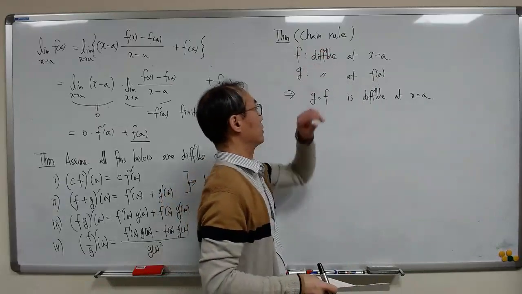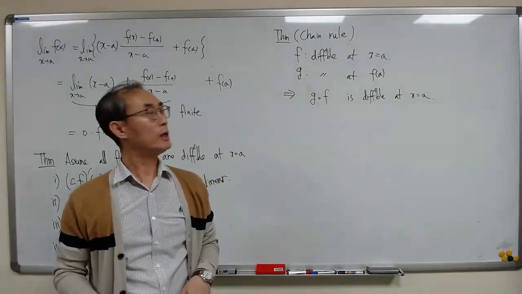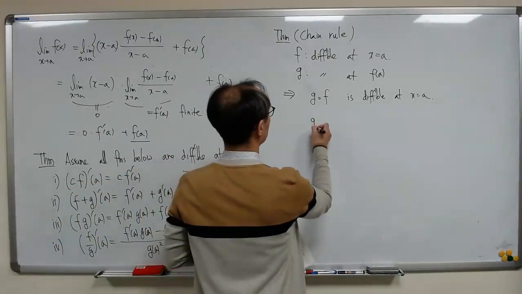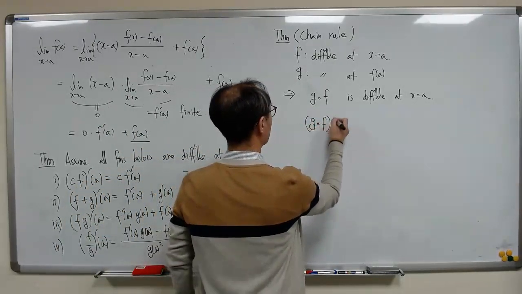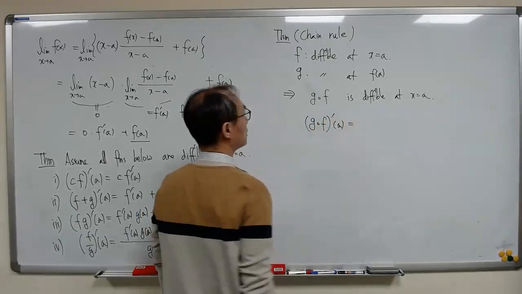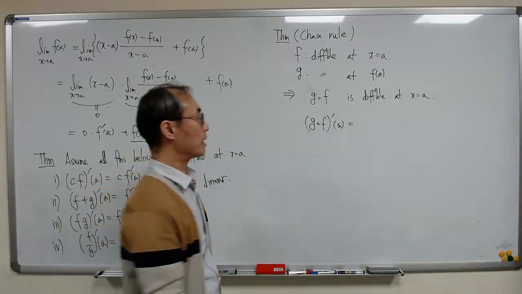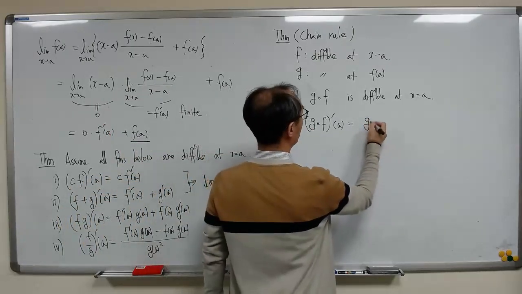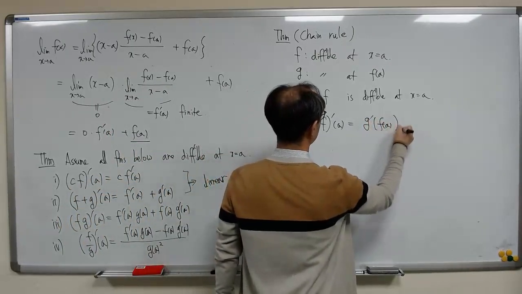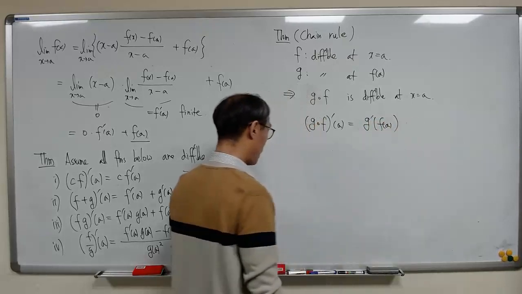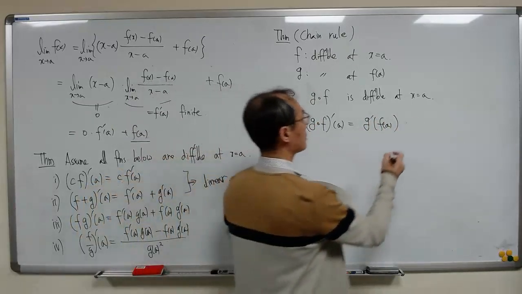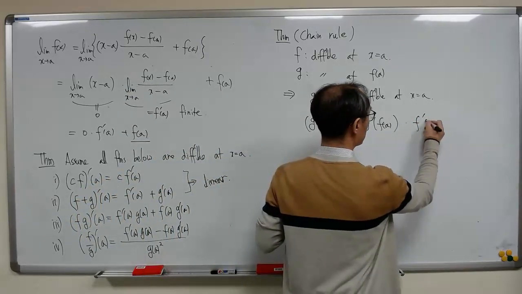The chain rule tells us the way to compute the derivative of this composite function. The derivative of g of f at a can be obtained by first taking the derivative of the outer function, g prime of f of a, then taking the product with the derivative of the inner function, the derivative of f.